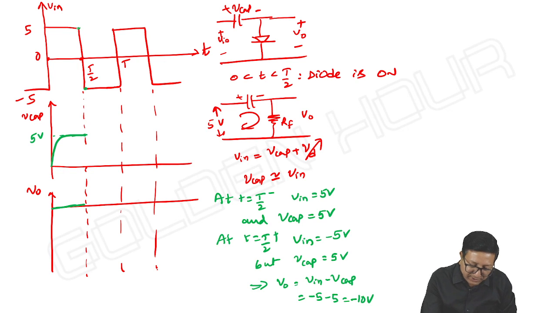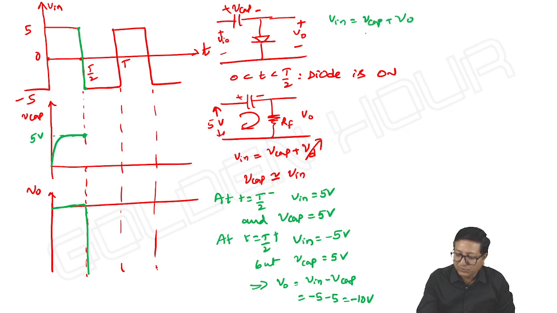Here there is an abrupt change in input, but the capacitor is not responding to abrupt changes. So whatever change you have in input should appear across the output terminals, because we know the equation: V input is equal to V capacitor plus V output. In the input there is an abrupt change and there is no change across the capacitor, so all changes can be seen across the output terminals.